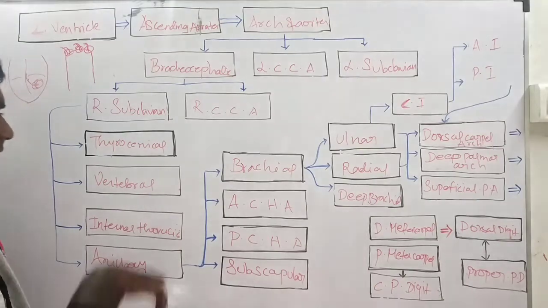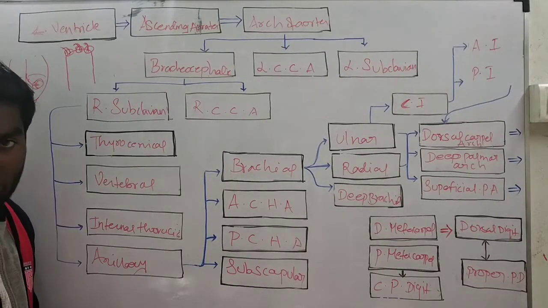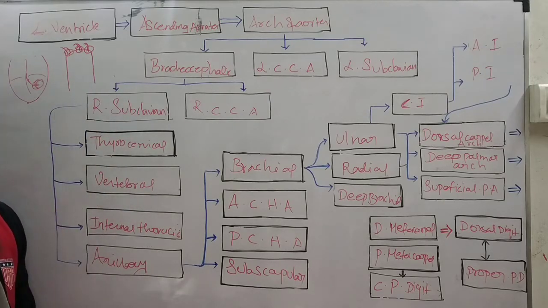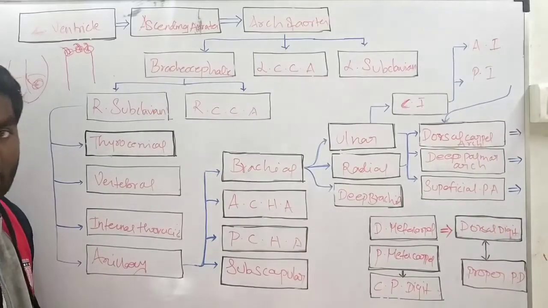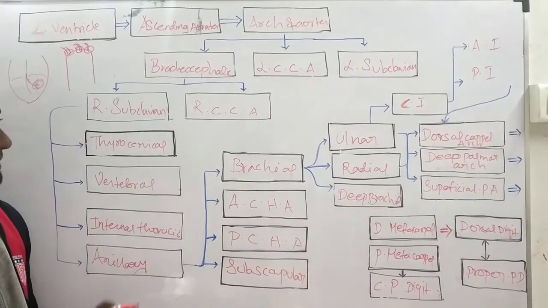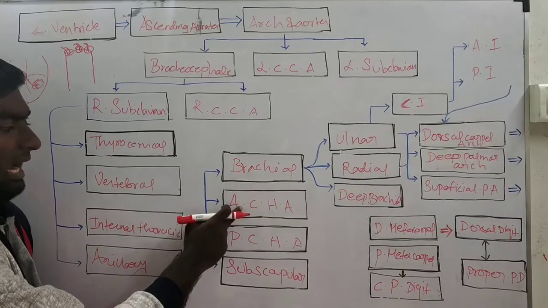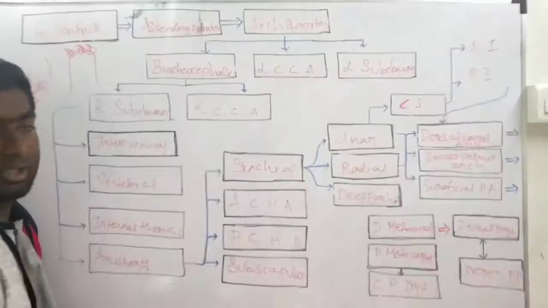The right subclavian artery gives four branches: thyrocervical, which supplies the cervical part, vertebral, internal thoracic artery and the axillary artery. The axillary artery gives four branches: brachial artery, anterior circumflex humeral artery, posterior circumflex humeral artery, and the subscapular artery.